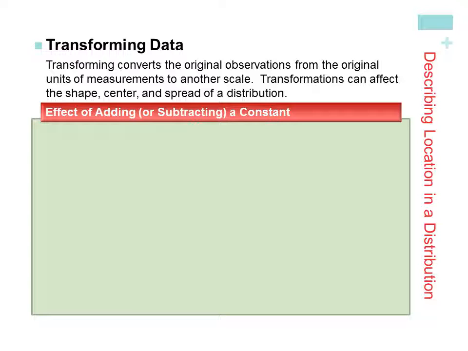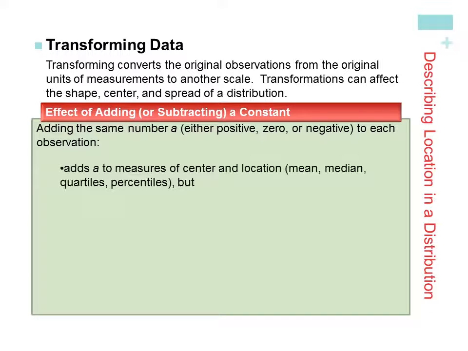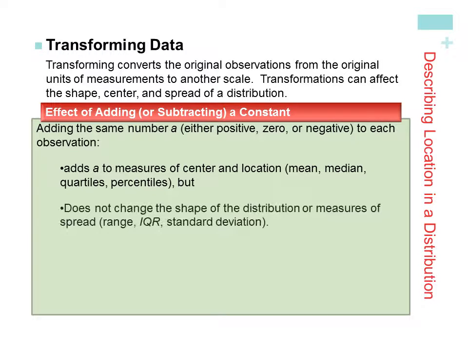All right, so let's just see what happens if I add or subtract a constant. Let's say I'm going to add the same number, either positive, 0, or negative, to each observation. What it does to the measures of center and location is this: if I add a number to every single observation in my data, it's going to make the mean increase, the median increase, the quartiles, and the percentiles, because I'm moving it along a scale.